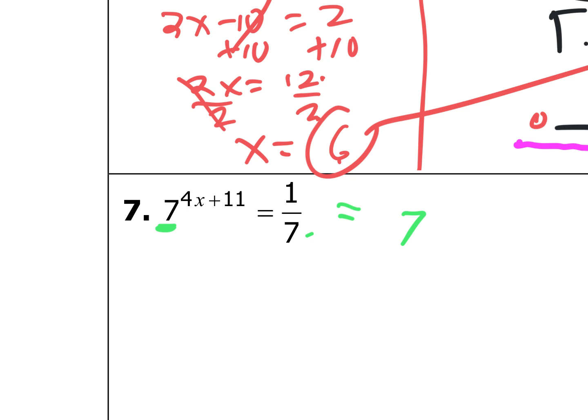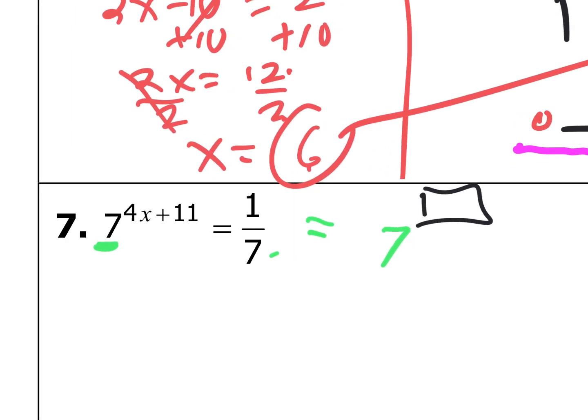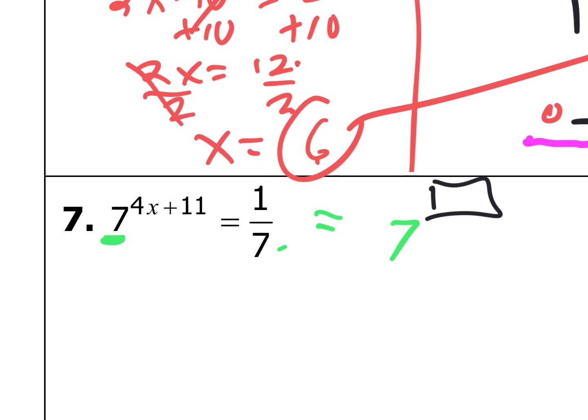No, 7 over 1 is not the same as 1 over 7. I need an exponent. 7 to the 1 is 7. How do I make that 7 go downstairs? We had this already. Negative 1. Yeah, that flips it to 1 over 7.